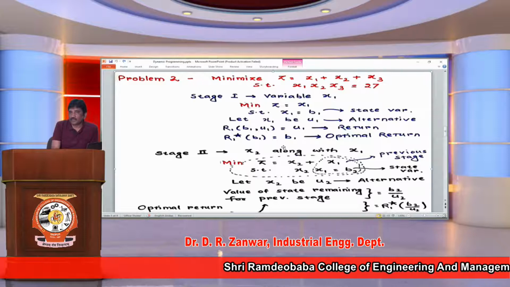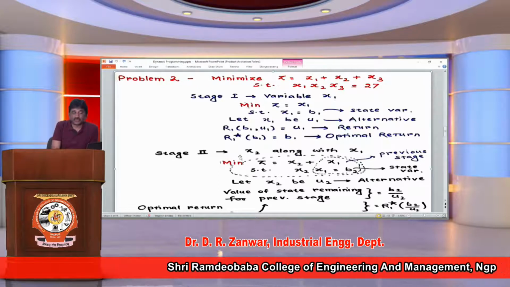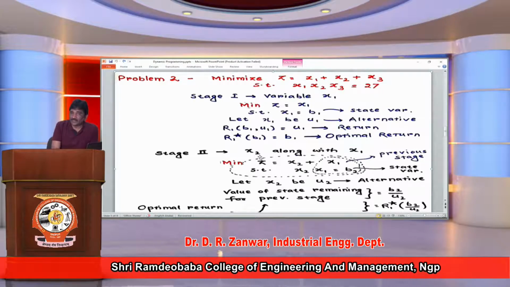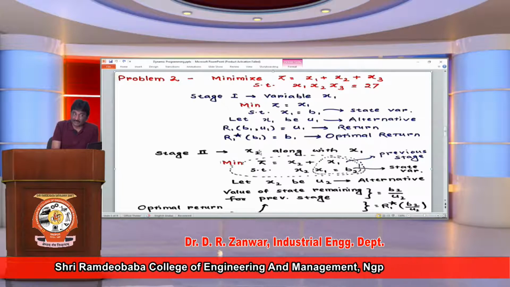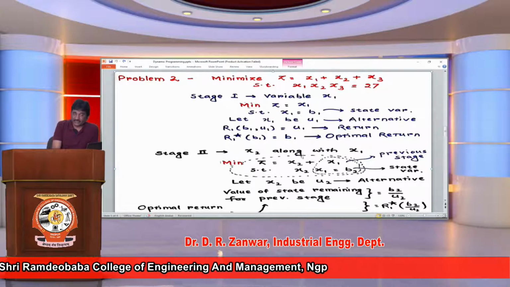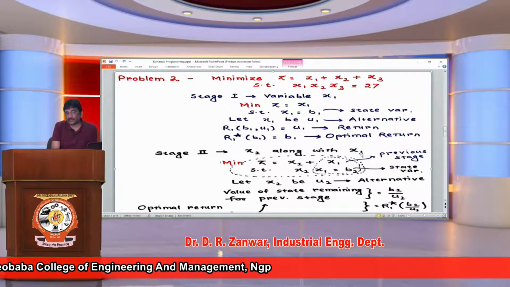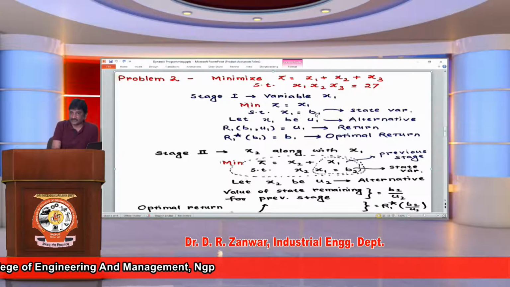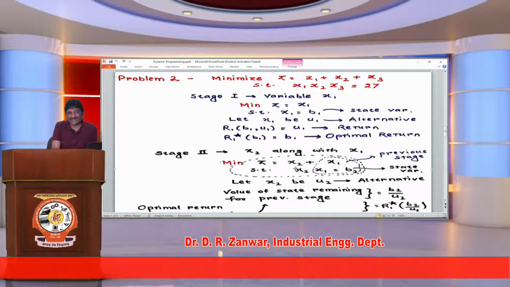Now coming on to stage 2, x2 is the variable of our interest, a variable of the second stage. We will be considering that along with x1, which has already been considered in the previous stage. Our problem in the second stage builds like minimize z equal to x2 plus x1.